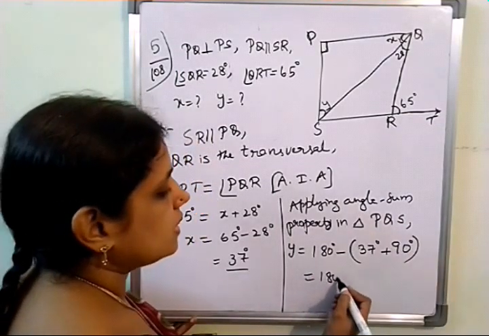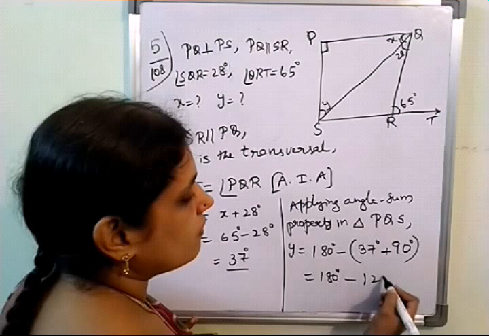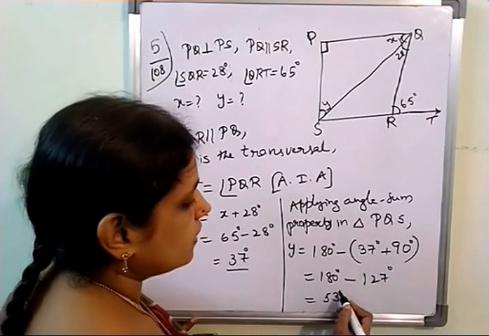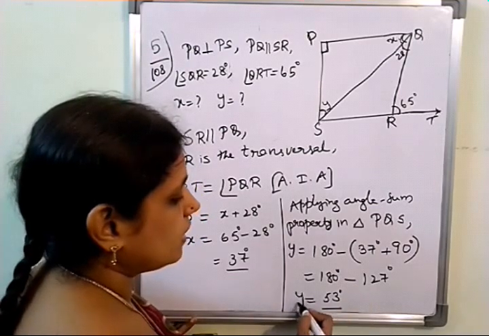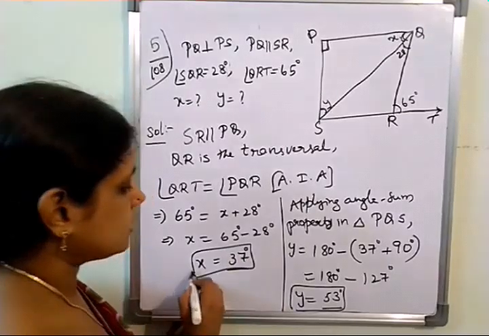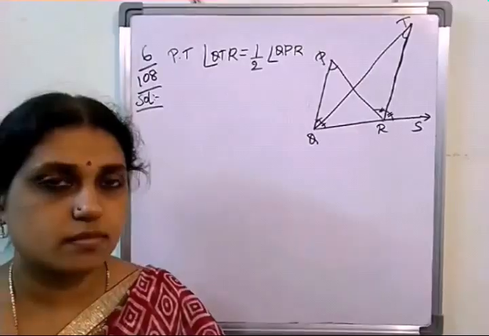So 180 degrees minus 127, that is what you will get? 53 degrees. So Y equal to 53 degrees, X equal to 37 degrees.